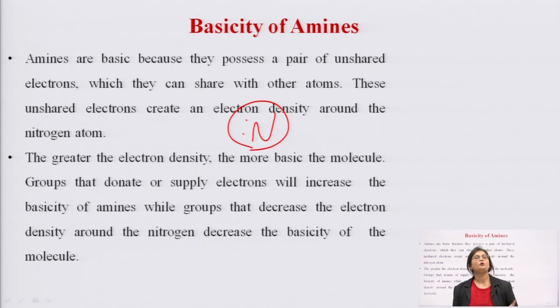So, any functional group which has the tendency to increase this electron density around the nitrogen atom will help in increasing the basicity of the amines. While the groups which are electron acceptors, or the ones which decrease the electron density around the nitrogen atom, decrease the basicity of amines.